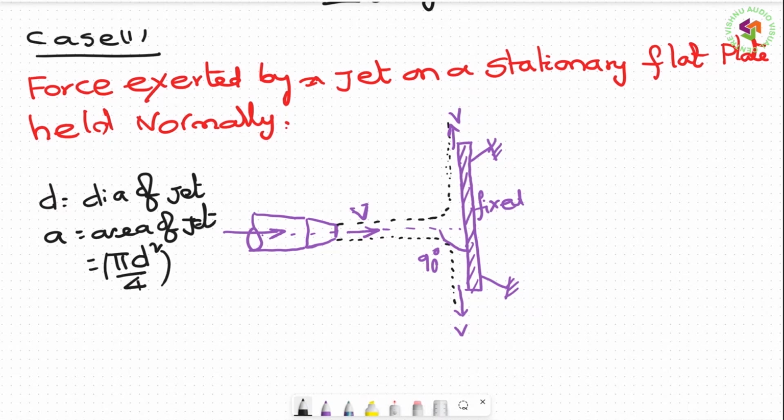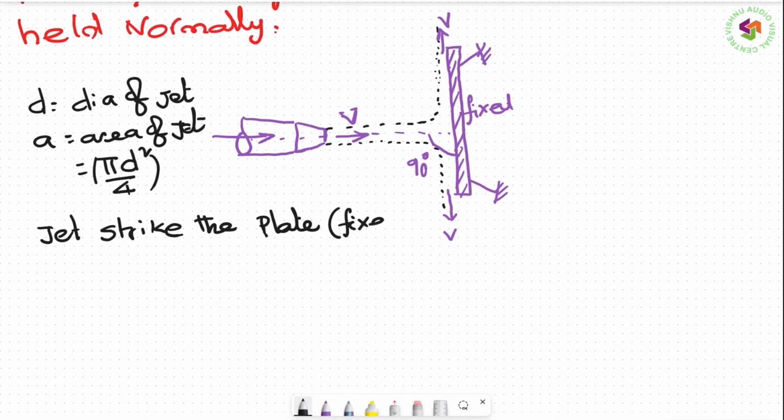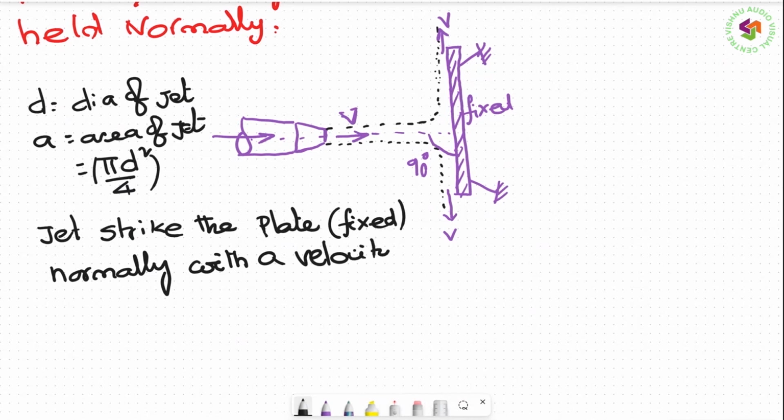Now what the figure shows, actually, from the figure: the jet strikes the plate, which is held normally, a fixed plate, with a velocity v. That is the first thing.